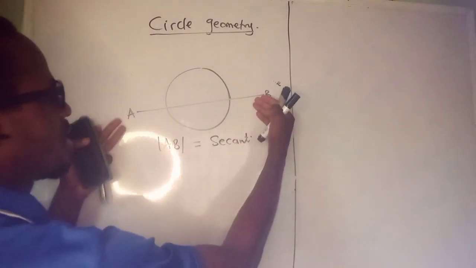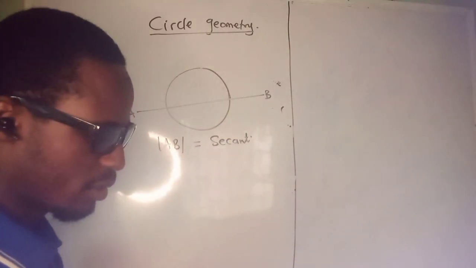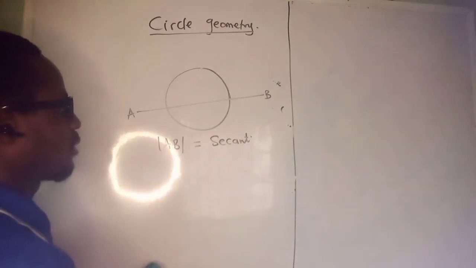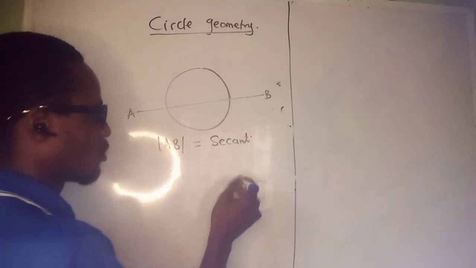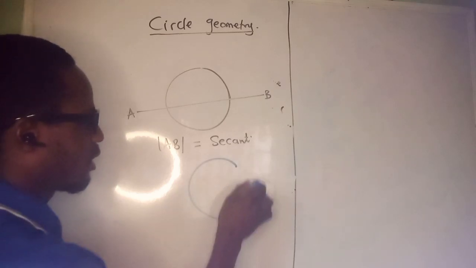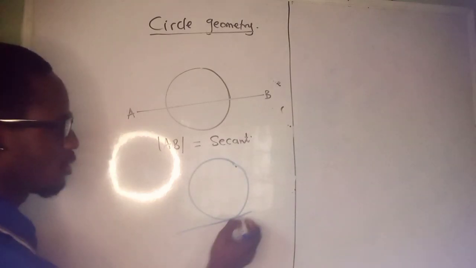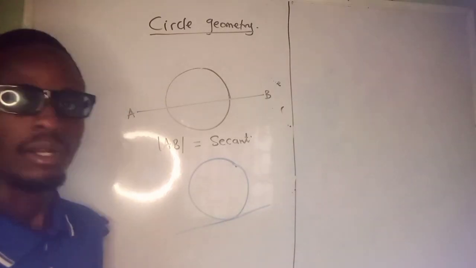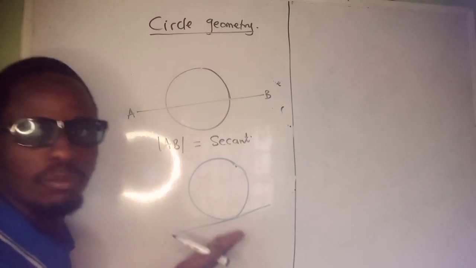However, if I bring this line down, I can keep bringing it down until the line just gets to this point or moves out of the circle. Once that's happened, I'll have something like this. It shows that the line is now outside of the circle but touching the circle a little bit.